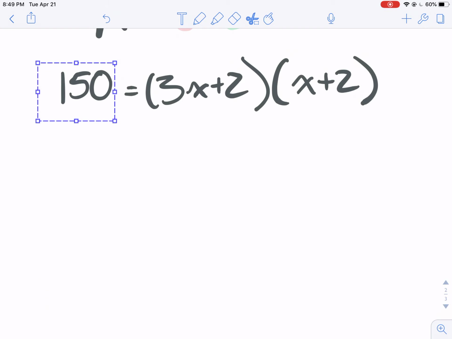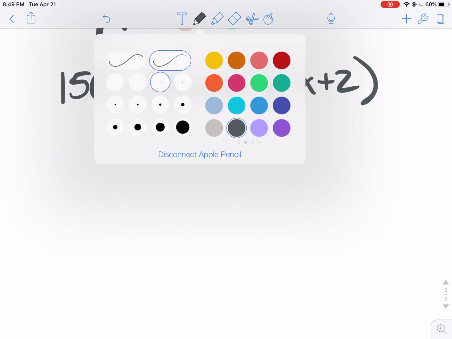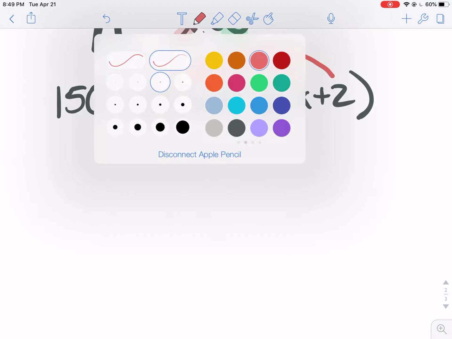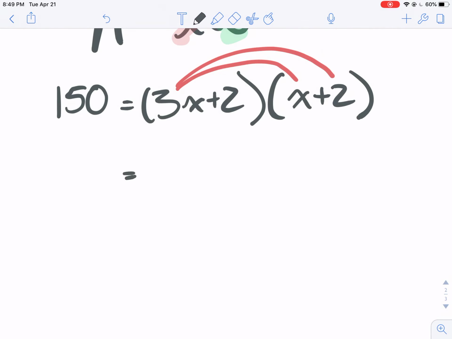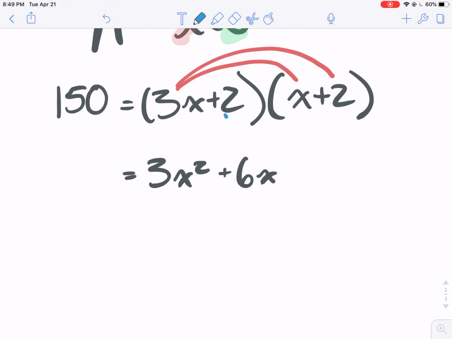Can't clean up our 150 yet, so we're going to work on this side. I'm going to distribute first my 3x to x and then 3x to 2. That'll give me 3x times x is 3x squared. 3x times 2 is 6x. And then I'm going to distribute my 2 to x plus 2.